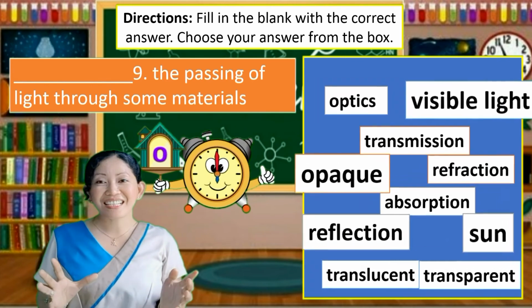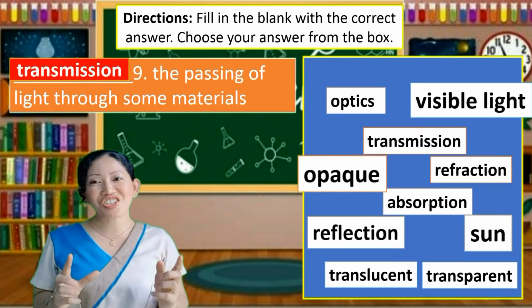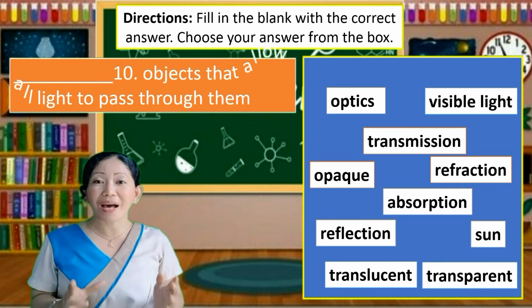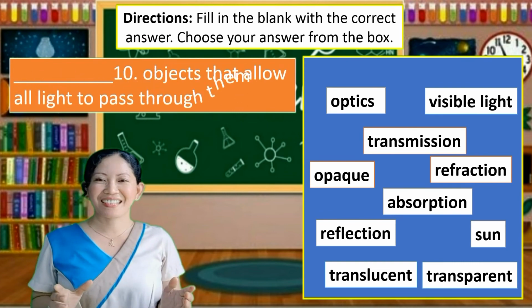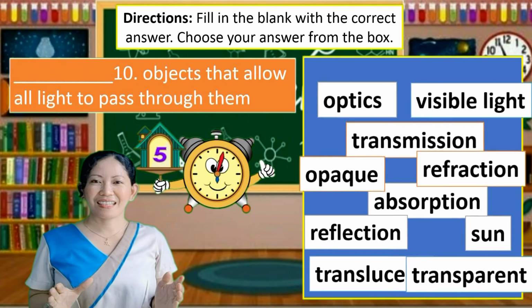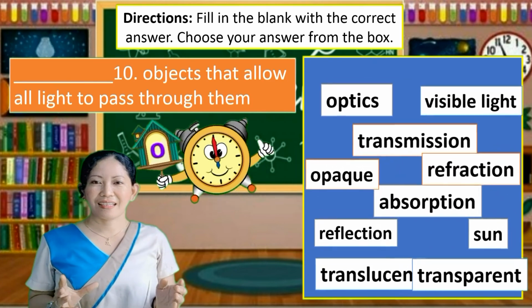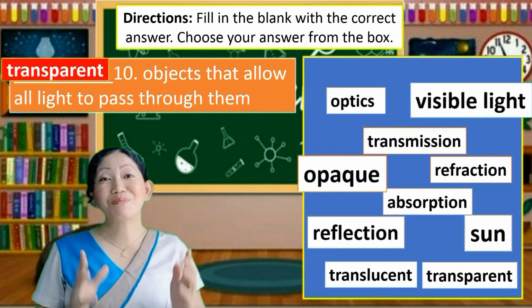And the answer is transmission. All right. Number 10. Objects that allow all light to pass through them. And the answer is transparent.